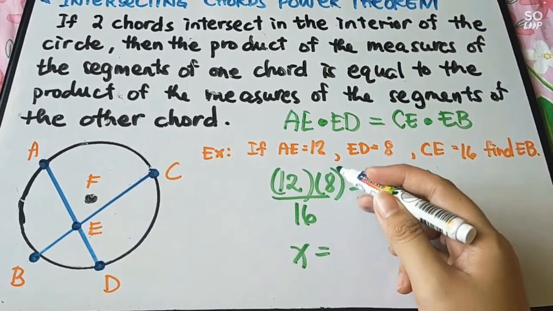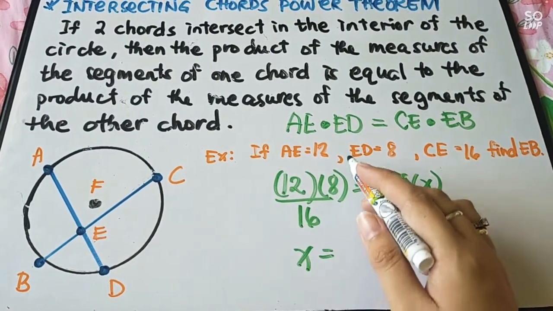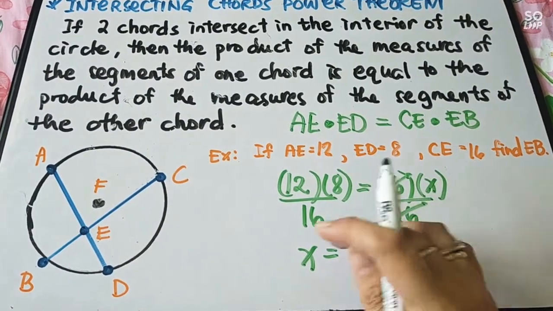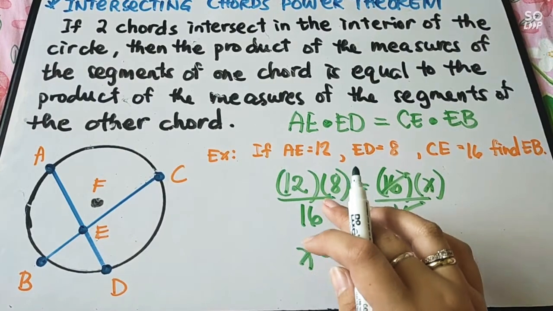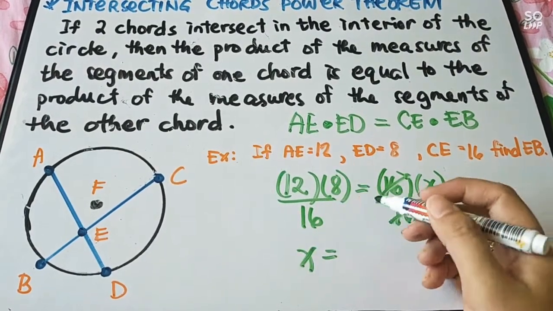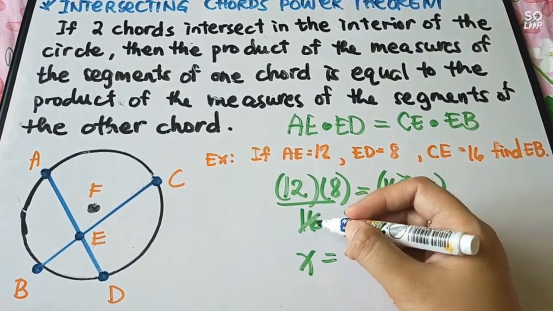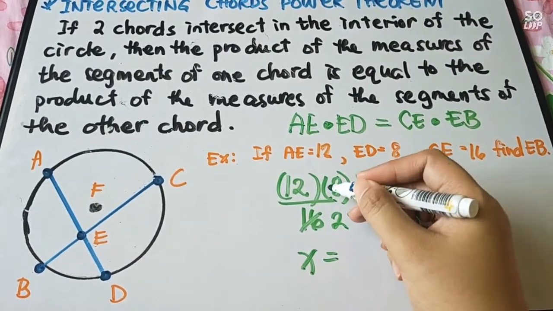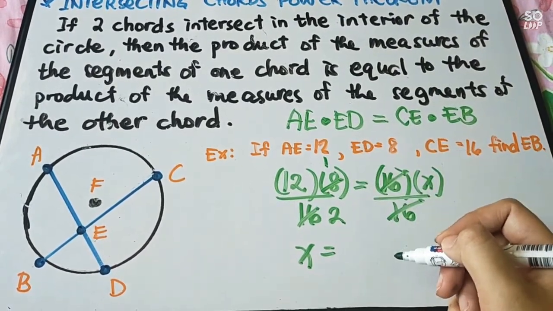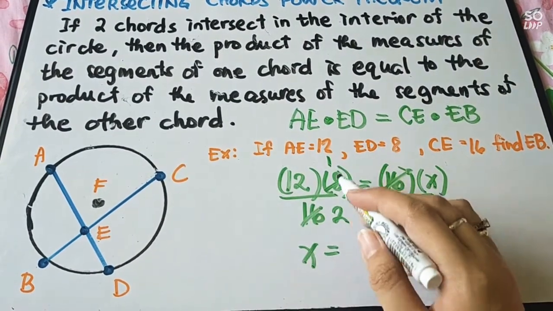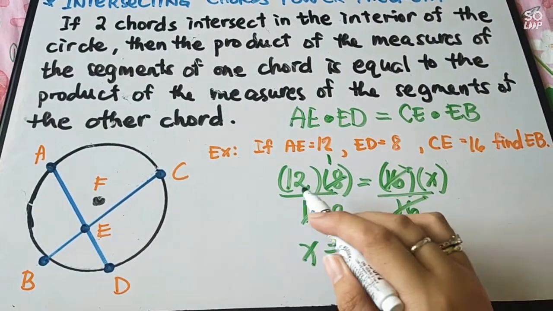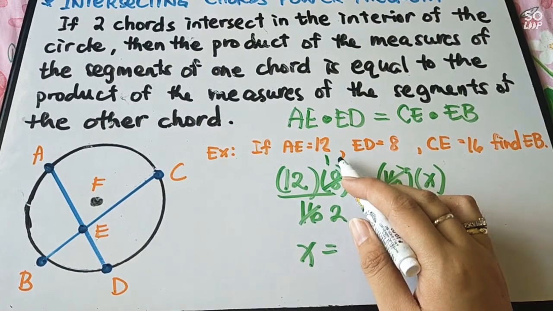Ngayon ito, simplify natin. Si 16 at 8 divisible by 8. Para hindi ka mahirapan mag-multiply, paliitin na natin. Si 16 at 8 ay divisible by 8. So, si 16 ay magiging 2, si 8 ay magiging 1. Ayan, lumiit na. So, ngayon, 12 times 1 divided by 2 na lang. So, 12 times 1 is 12 divided by 2.